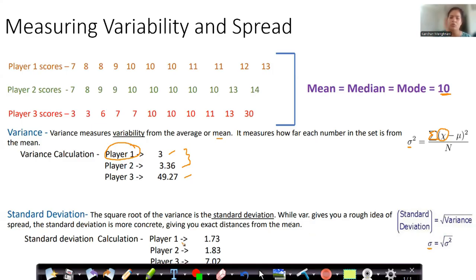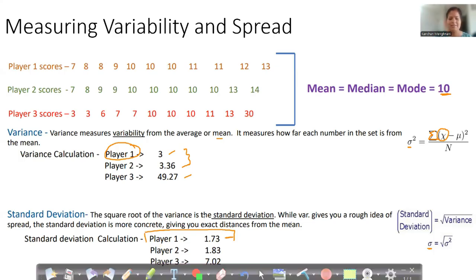Taking the root of the variances, you get 1.73 for player 1, 1.83 for player 2, and 7.02 for player 3. Because it's just the root, the standard deviation is also lower for player 1. So we conclude that if you want a measure of variability and spread, you should concentrate on variance and standard deviation.